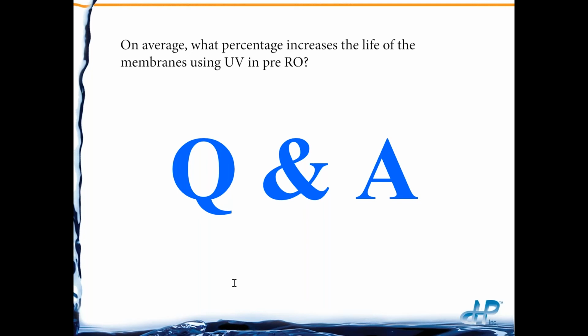I haven't actually seen any numbers as far as months or years or any kind of time frame on what that life increase would be, but the theory and the science behind it is definitely there.